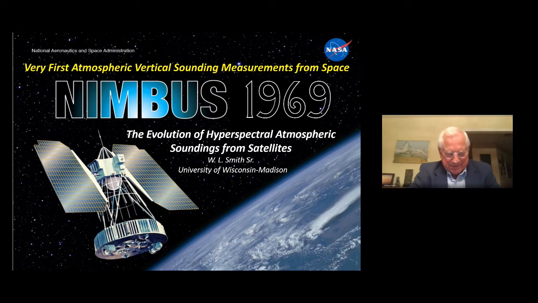It is a pleasure for me to be with you this morning in Taiwan to discuss the evolution of hyperspectral atmospheric soundings from satellites. Before we start, I'm showing this picture of the NIMBUS satellite. It's NIMBUS 3, which was launched in 1969.